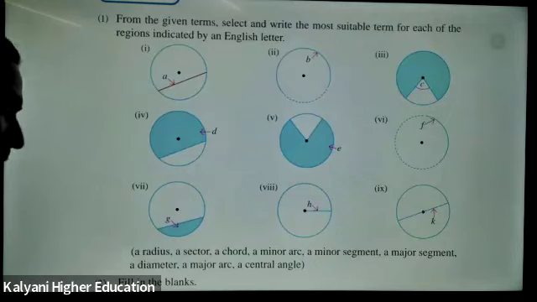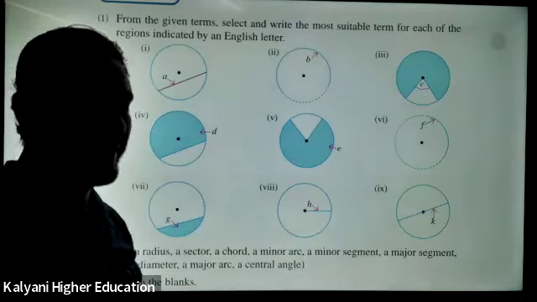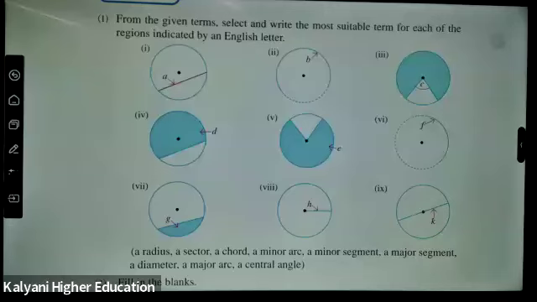So you can understand that minor and major are given only to segment. You see, for segment they are given minor and major.